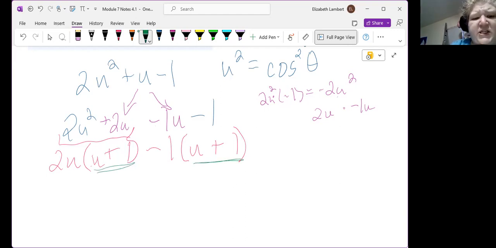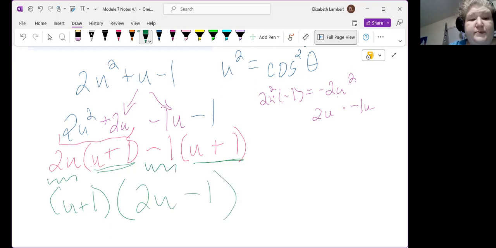So I have a whole bunch of things being multiplied minus some things being multiplied. Those two multiplication mishmashes both have u plus 1 as a common factor. So I'm going to write that up front. And then I'm going to write my leftovers, which is the 2u minus 1.